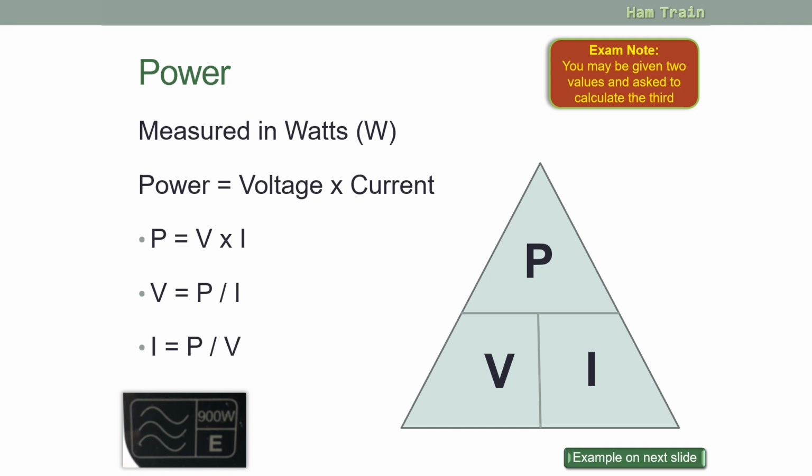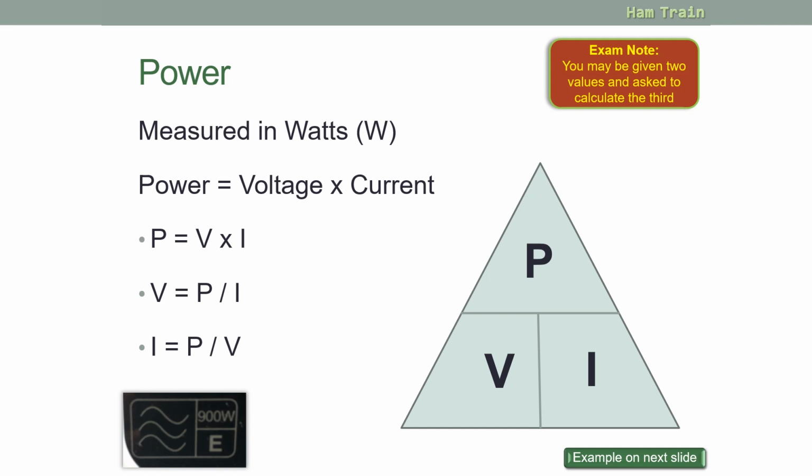If you were after the voltage, that would be the power over the current. And if you were asked to calculate the current, I equals P over V. So remember this triangle, and the trick is cover up with your thumb the one that you're after calculating. If you wanted V, thumb over the V, and it would leave you with P, the power, over the current.